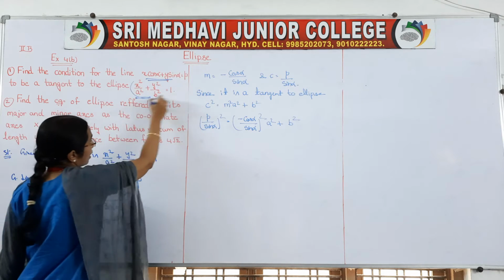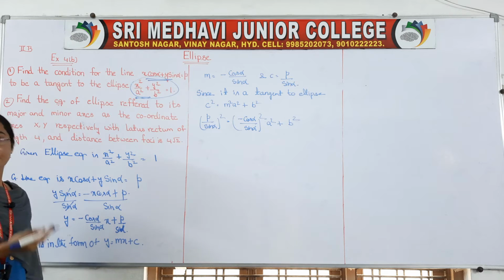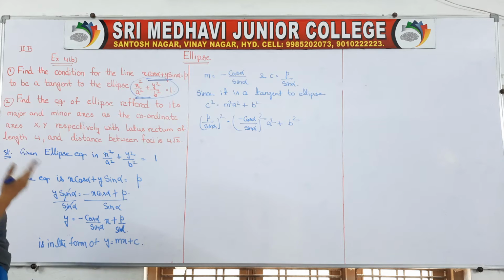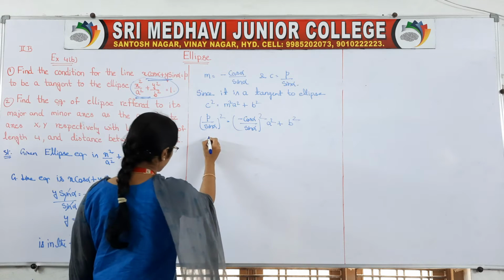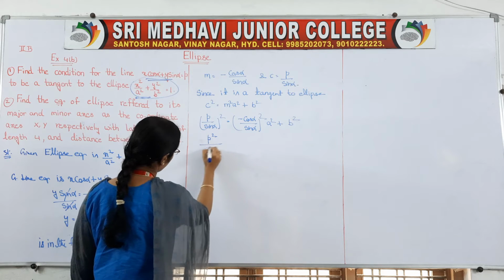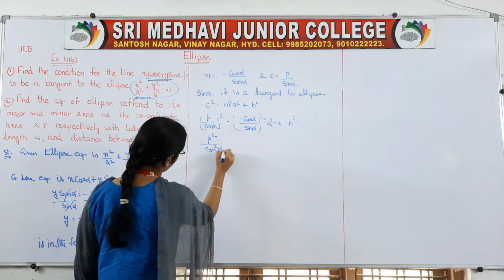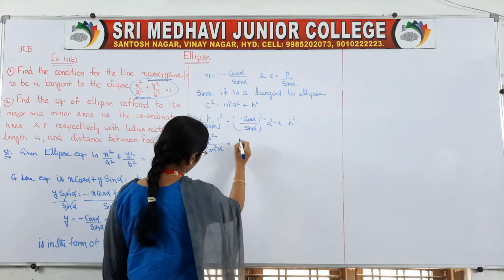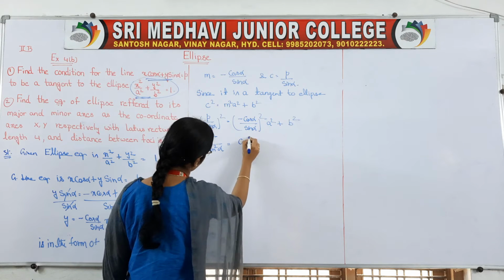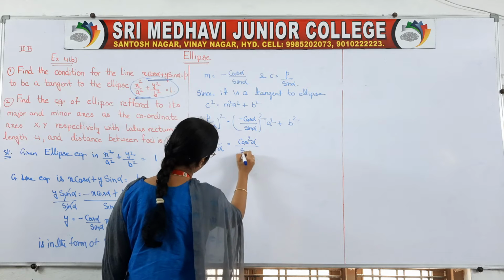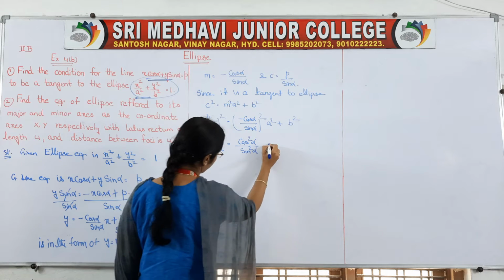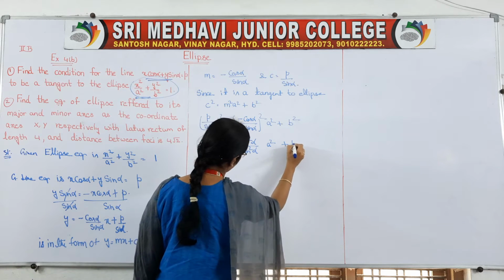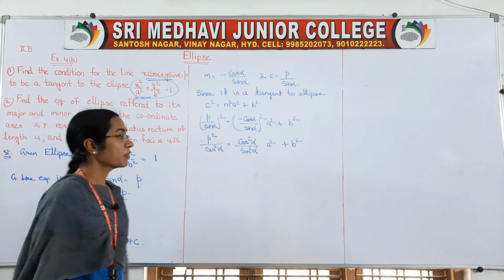Here the given ellipse equation is a standard ellipse equation. So, in a place a only, b place b only. So, here it is p square by sine square alpha is equal to, minus into minus plus, so it is cos square alpha by sine square alpha into a square plus b square. Okay.